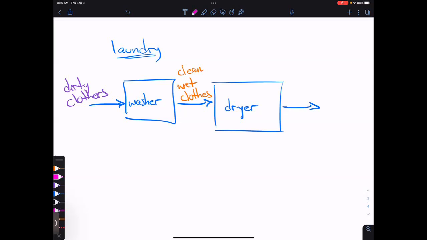Clean, wet clothes go from the washer into the dryer, turn the dryer on, dryer does its thing, then you turn it back on for 5 minutes, several hundred times to avoid having to get things out and fold them, right? But eventually, clean, but now they are dry. And that's our finished product. That's where we wanted to end up, right?